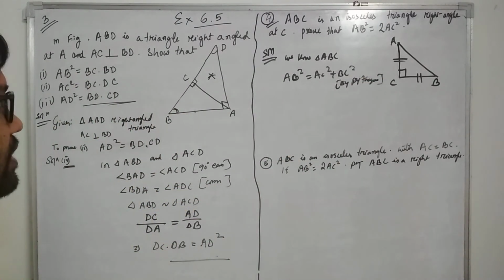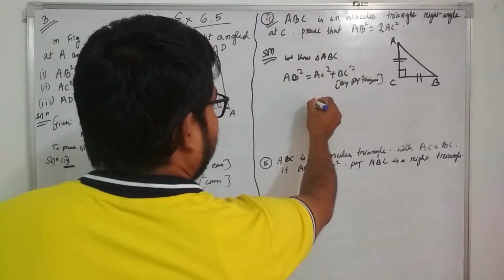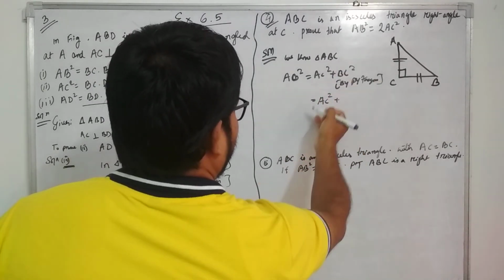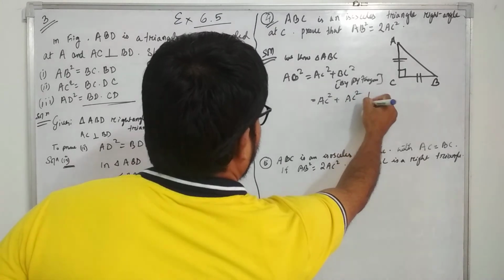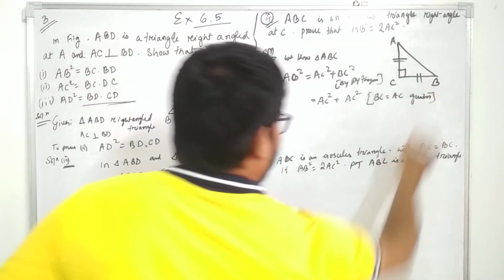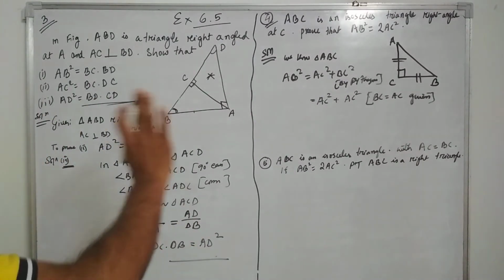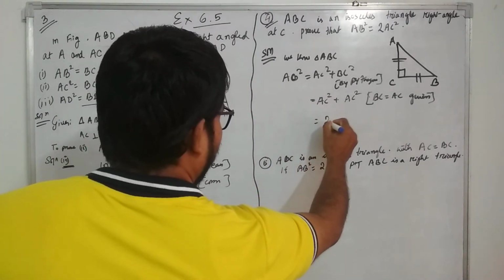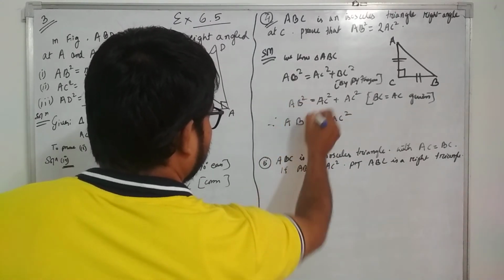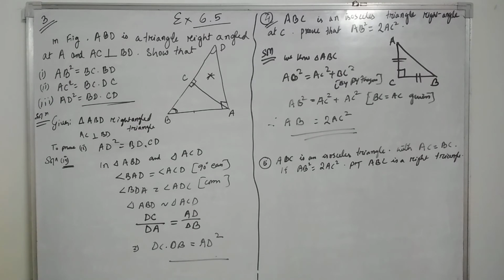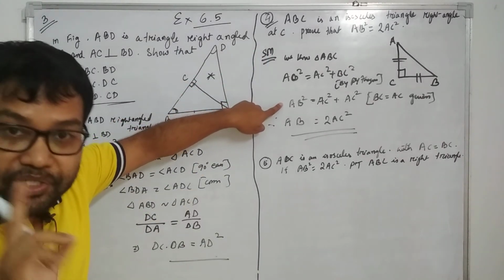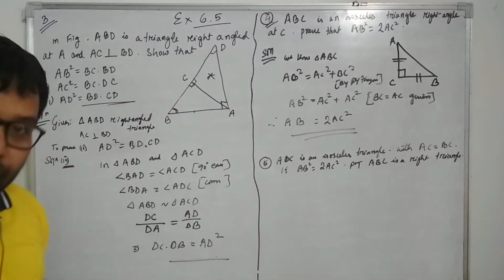Now I am putting AC square instead of BC square because BC equal to AC is given. I am not writing the steps, just see the concept clearly. Twice AC square. Therefore, AB square equal to twice AC square. Very simple concept. This is by the Pythagoras theorem, this is by the isosceles concept, and this is the proof.